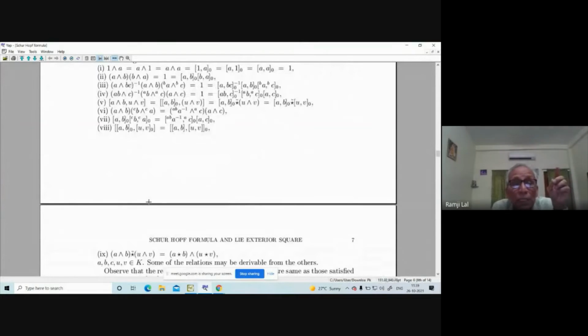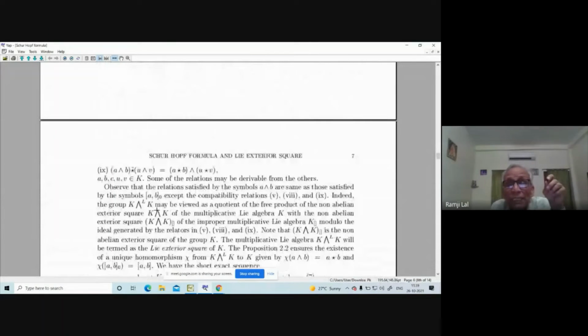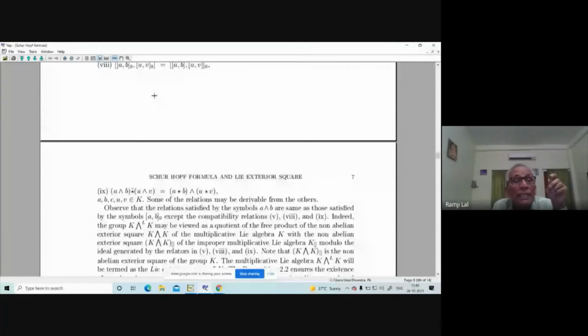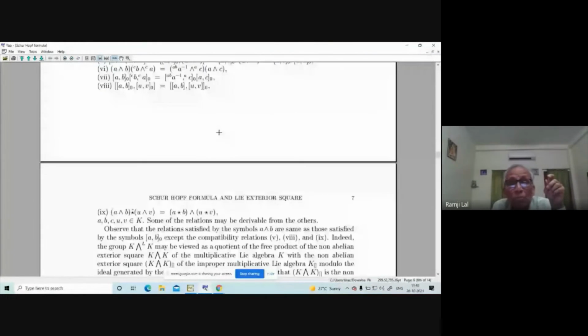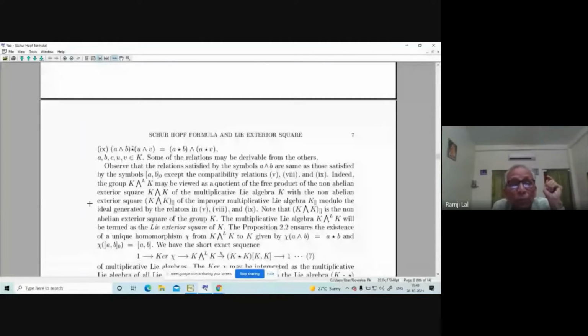The relations A cap G are the same as those defined by the symbol this, except the compatibility relations, this fifth, eighth and ninth. These are the relations which are compatibility relations between these two. And look at the amalgamated kind of free product of the multiplicative Lie algebras here. So this is what is K.